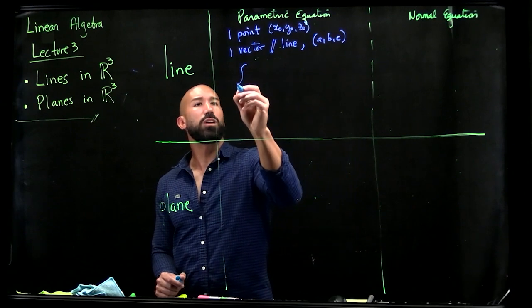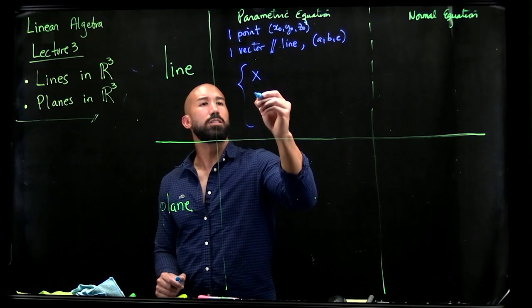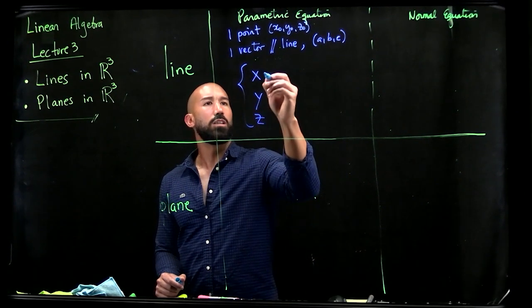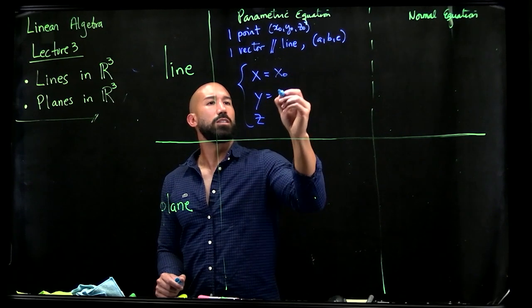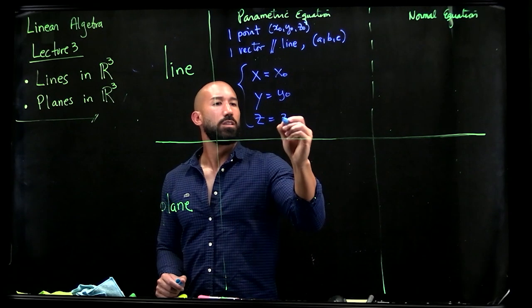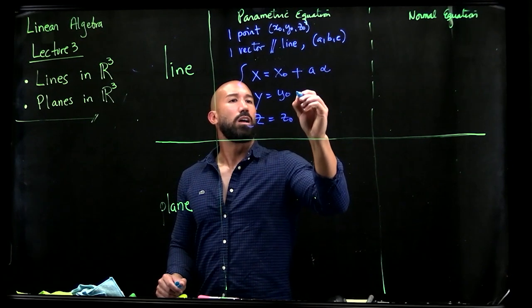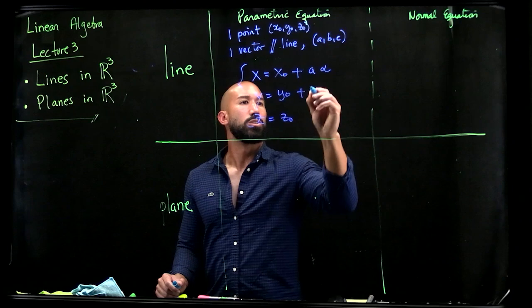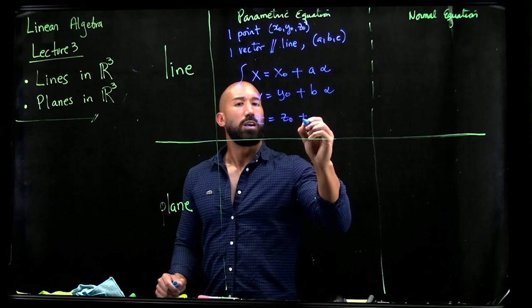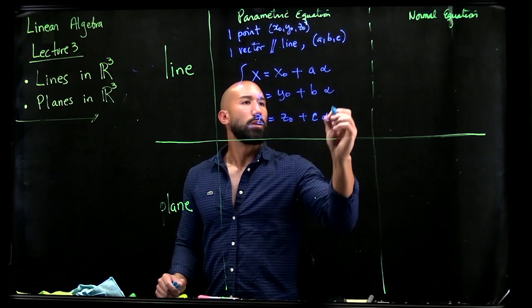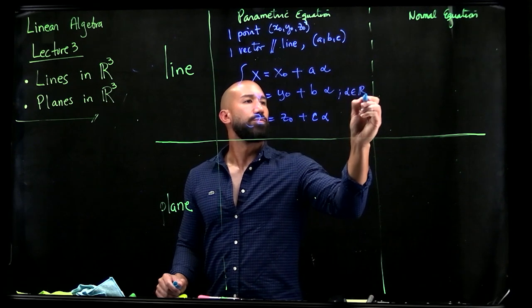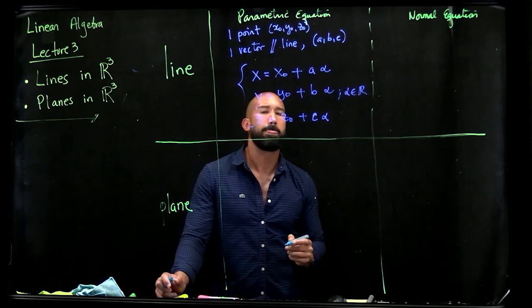And the parametric equation is going to be (x, y, z) equals (x0, y0, z0), so x equals x0 plus A times alpha, y equals y0 plus B times alpha, z equals z0 plus C times alpha. Alpha is a parameter. Is that okay?